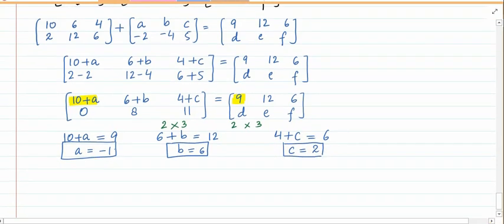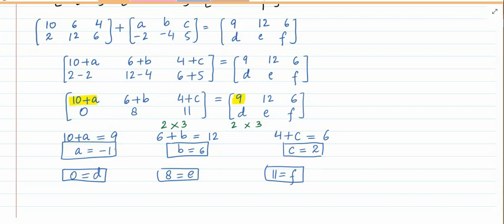Right? 0 is equal to D, 8 is equal to E, and 11 is equal to F. So we got all 6 values of A, B, C, D, E, F, right?